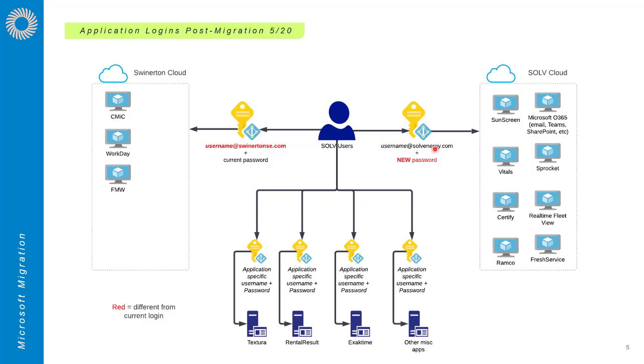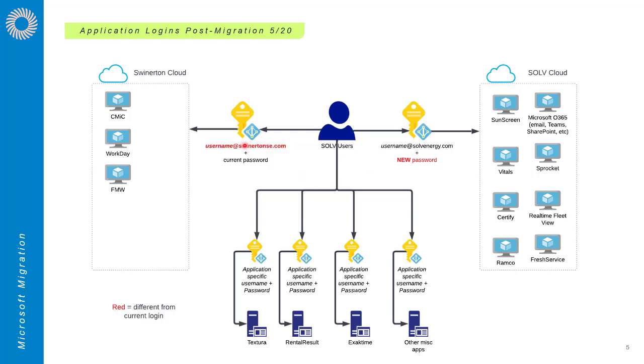So it doesn't change. What will change potentially is your password. We have a new cloud set up, and we're going to need everyone to set their password in the SOLV cloud. So it may or may not match your current password that you use today to log into email. In May, we're going to send out communications about how to do that. So you're going to hear more about how to do that. So just be aware of that.